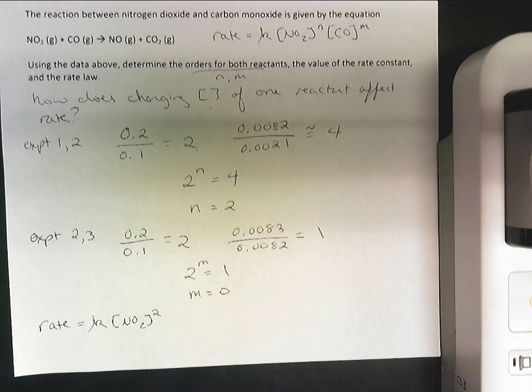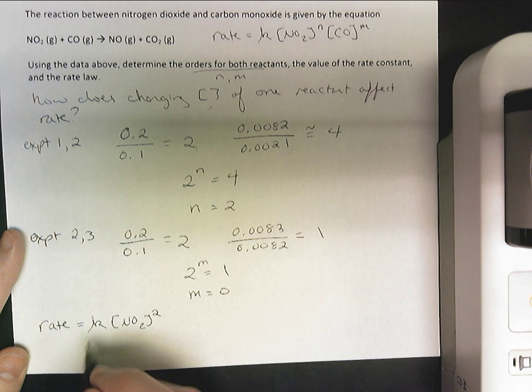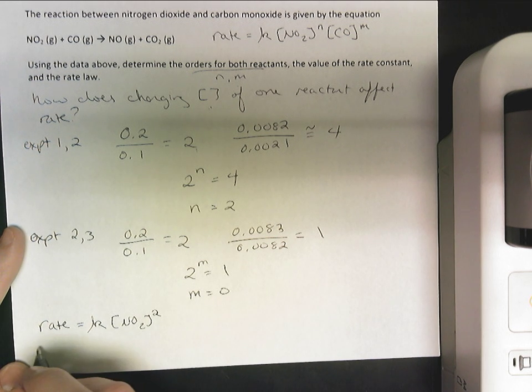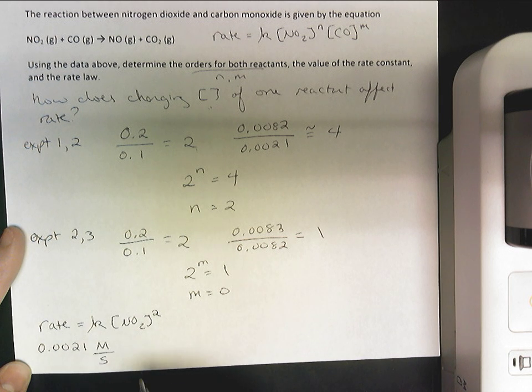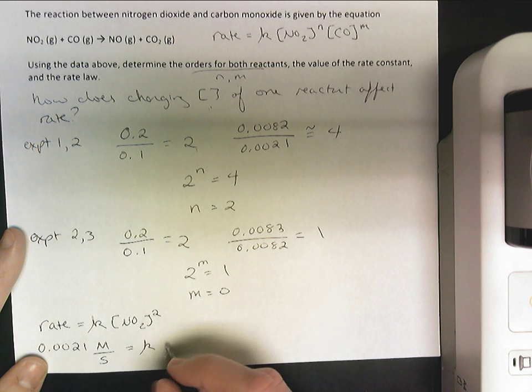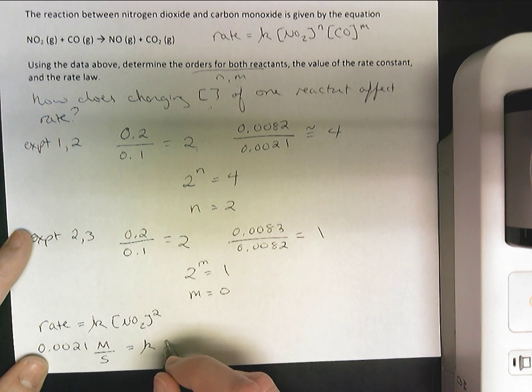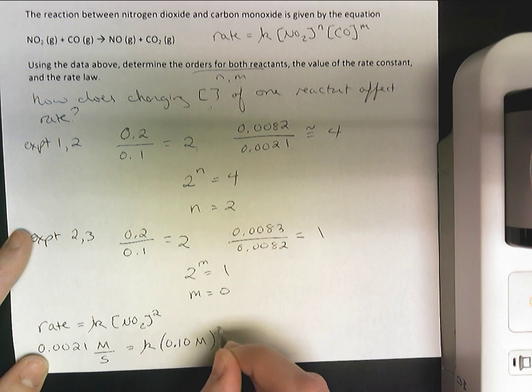So now I want to solve for k. I'm going to do that by just choosing an experiment. Let's look at experiment 1. The rate was 0.0021. I do want to use the units, because the units are important. And that's going to equal k times [NO2] squared. The concentration of NO2 in this case is 0.10 molar squared.